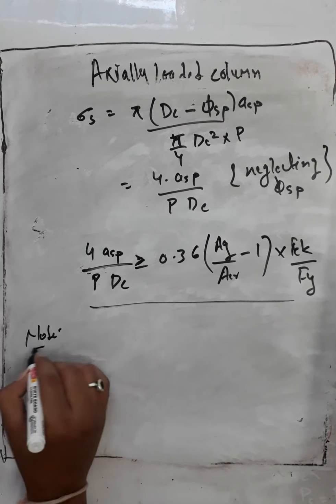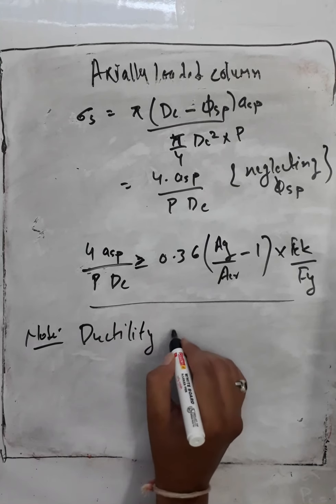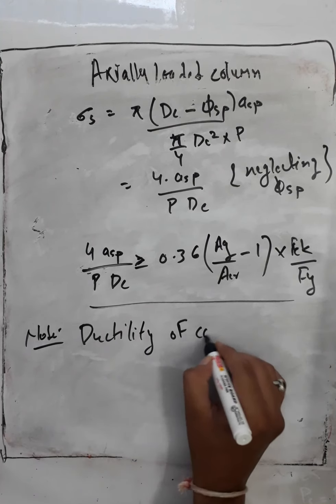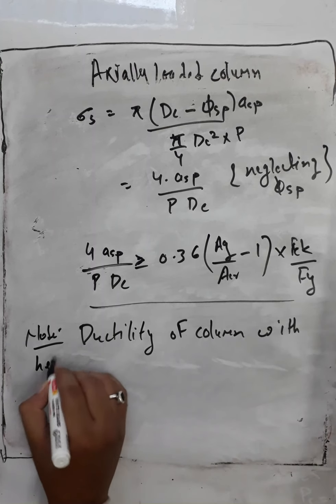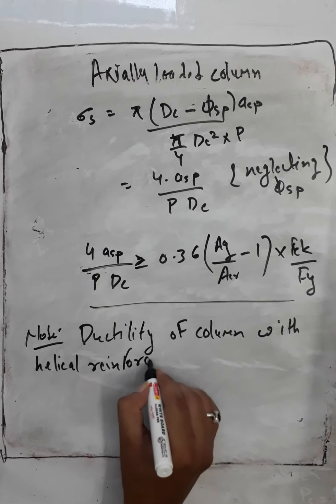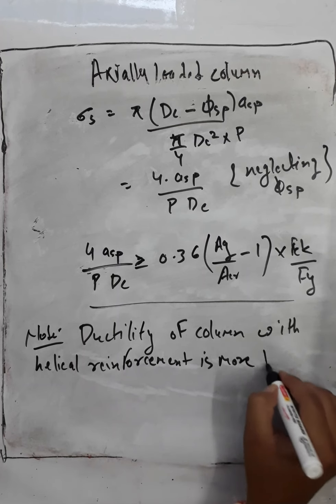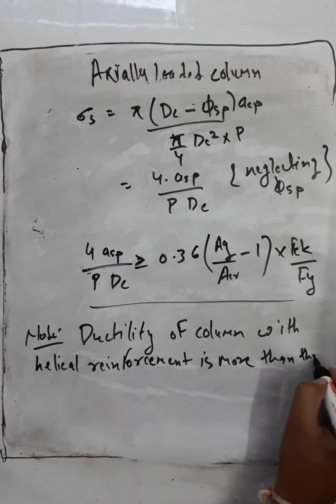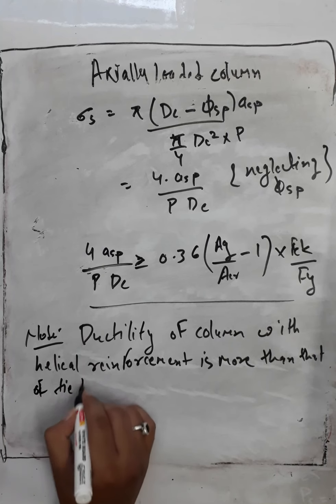Now the ductility of column with helical reinforcement is more than that of tied column.